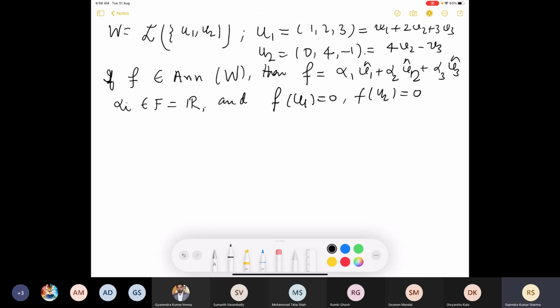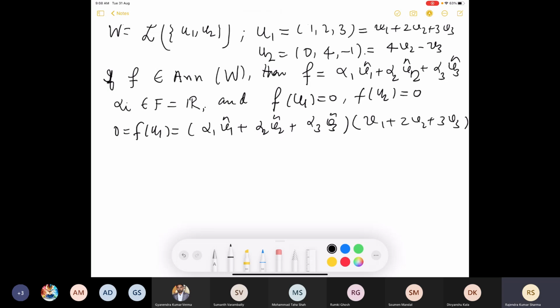So f(U1) is 0. Here f is alpha 1 V1 hat plus alpha 2 V2 hat plus alpha 3 V3 hat, applied on U1, which is V1 plus 2V2 plus 3V3, and that is 0.